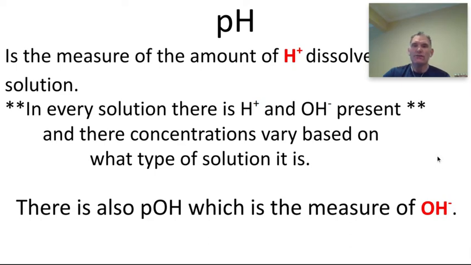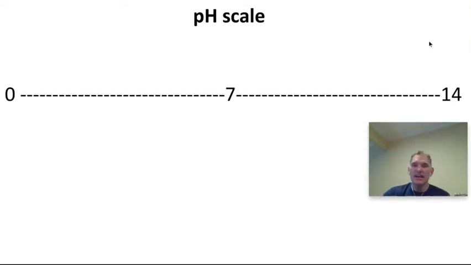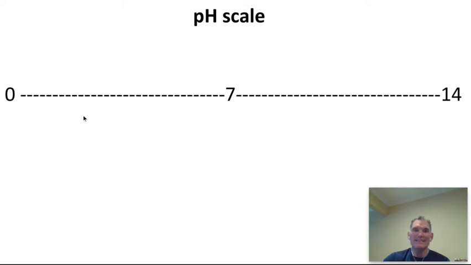As you can recall from your earlier science classes, the pH scale is based from 0 to 14 on a 14-point system. And what you might remember, and if you don't, we'll talk about it today anyway, is that anything below 7 is considered an acid. And if you are an acid, you could be a strong acid or a weak acid. The stronger acids have a pH closer to 0.